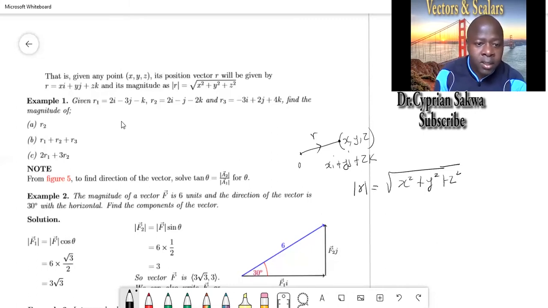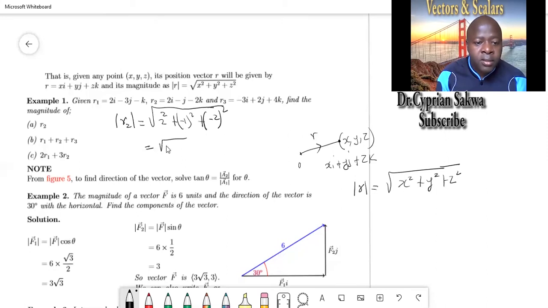So let's just do that. The magnitude of r2 will be given by the square root of, this is our r2, so the square root of 2 squared plus negative 1 squared plus negative 2 squared.